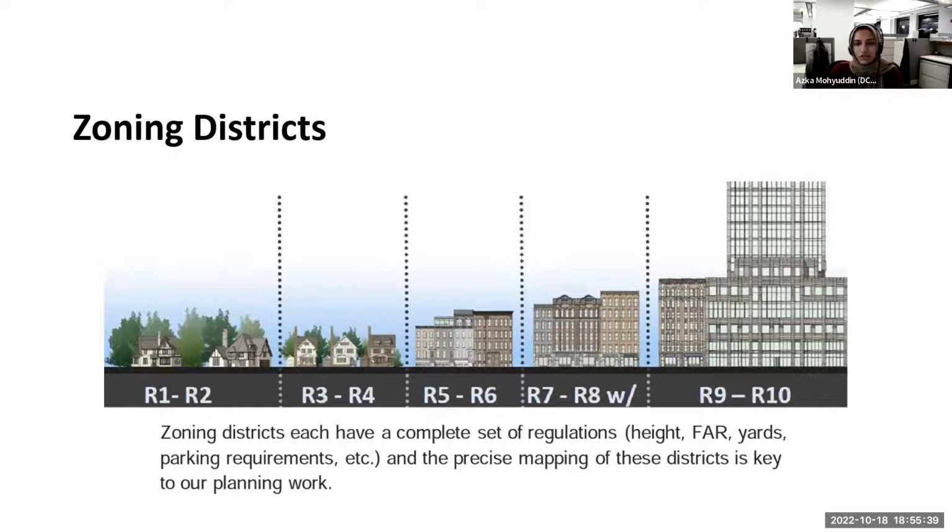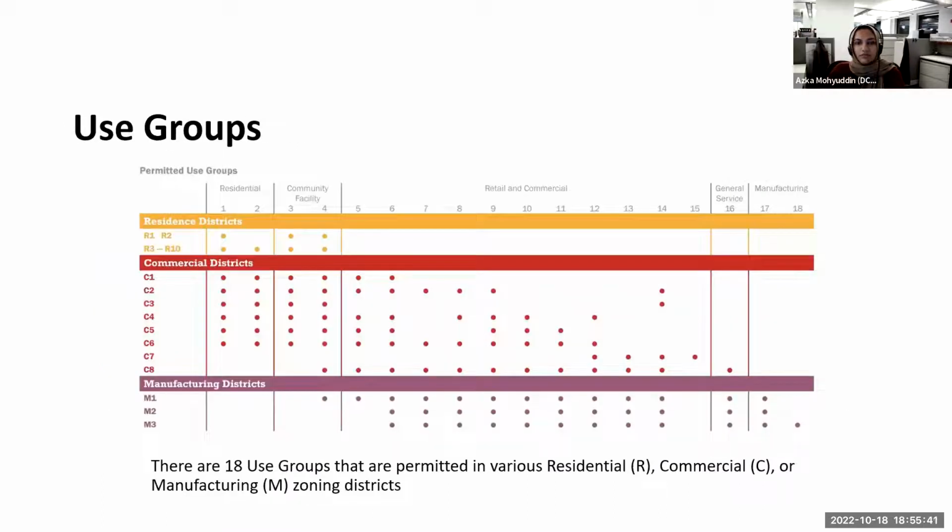And within these zoning districts, there are the use groups that are permitted for each district. This is a chart of the permitted use groups that are set out in the zoning resolution. These specific uses range from use groups 1 and 2, which are residential, all the way to use group 18, which is manufacturing.